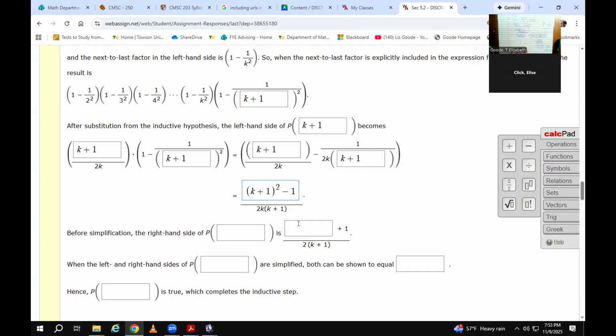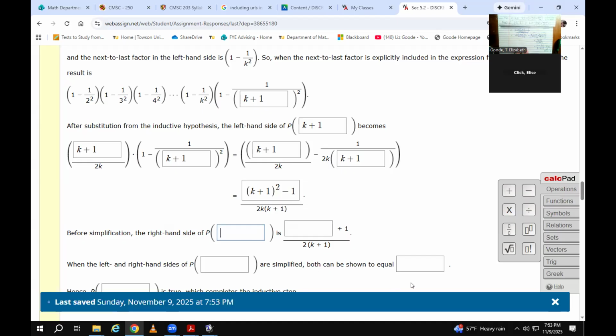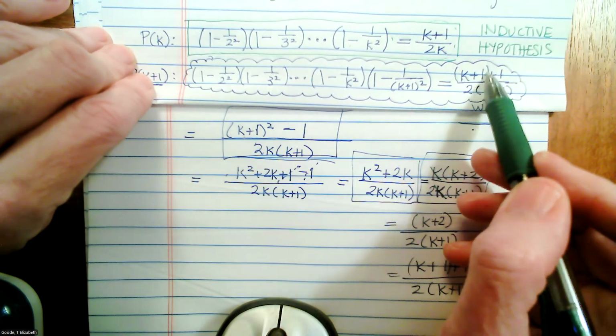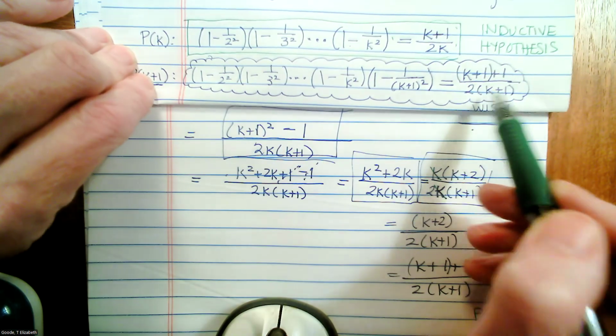Oh, I think the next one is the right-hand side before simplification. Oh, yeah, that was before we simplified it. If we go back and look, this is before it's simplified, right? Where we just put in k+1 here and here for the n.